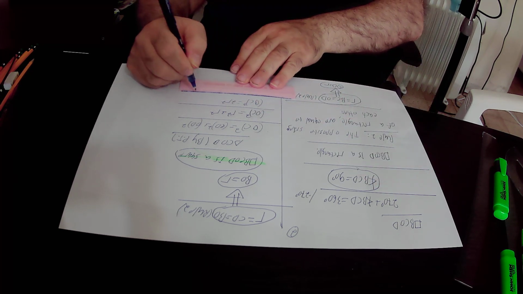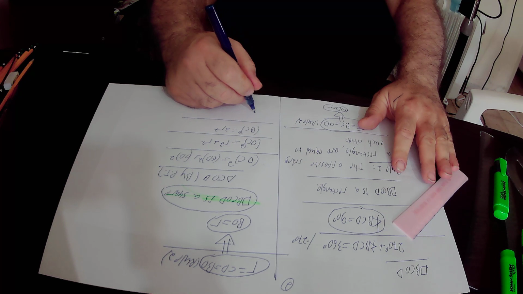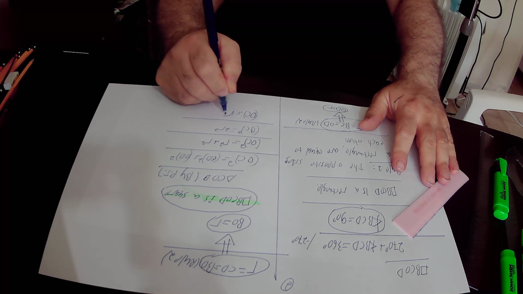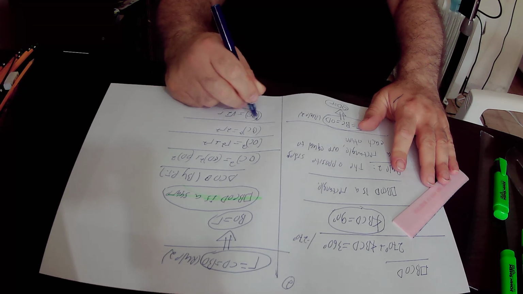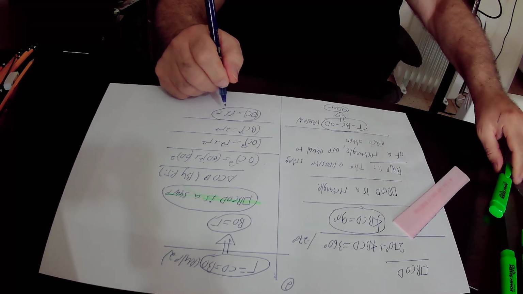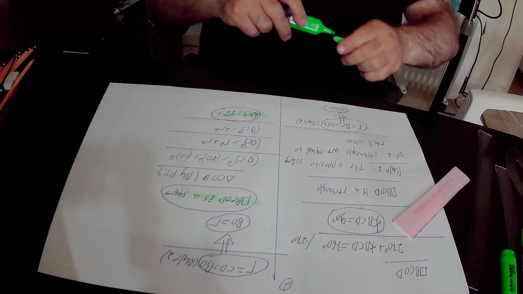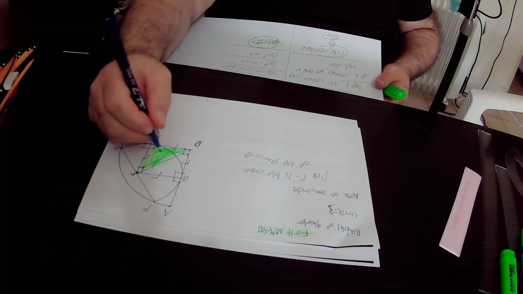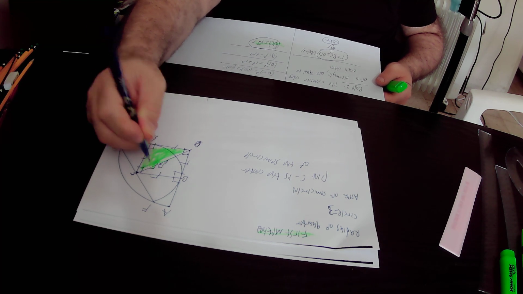Here we take a root of this equation and we get that the diagonal OC of the square is equal to square root of 2 times R. OC equals square root of 2 times R.